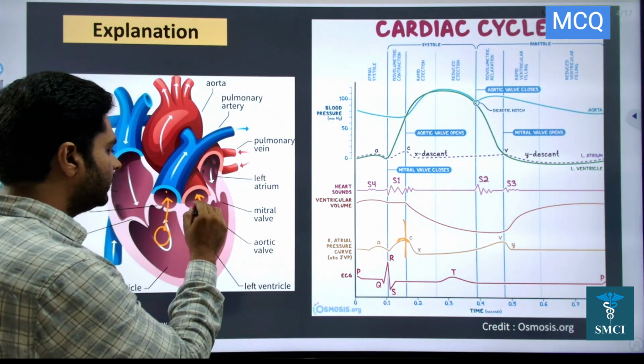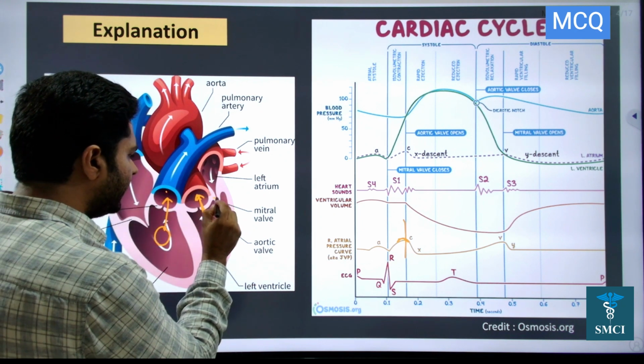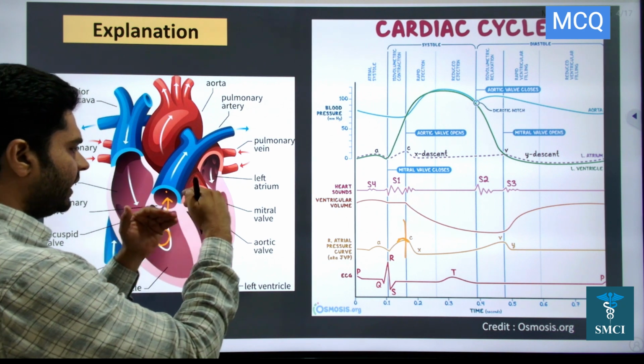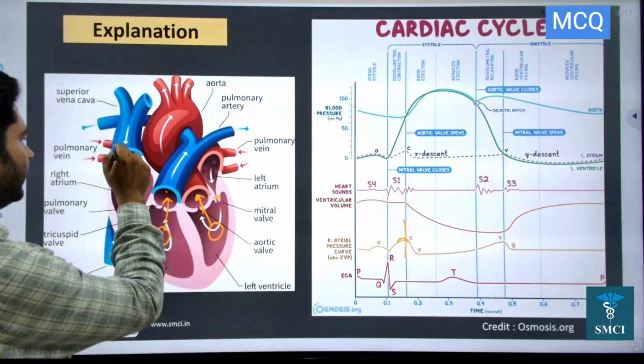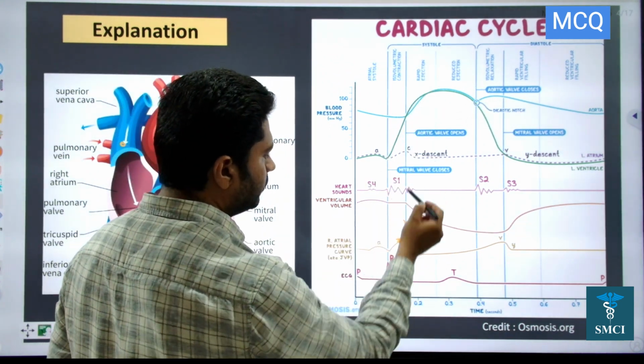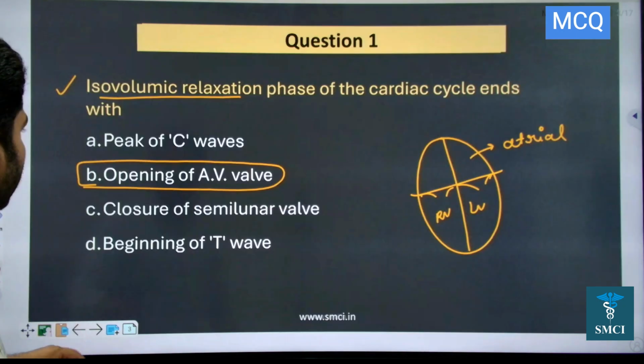At that time the mitral valve and the tricuspid valve bulge, and we record the C wave. So at the end of the isovolumetric contraction, we get the C wave. So that option is also not correct.